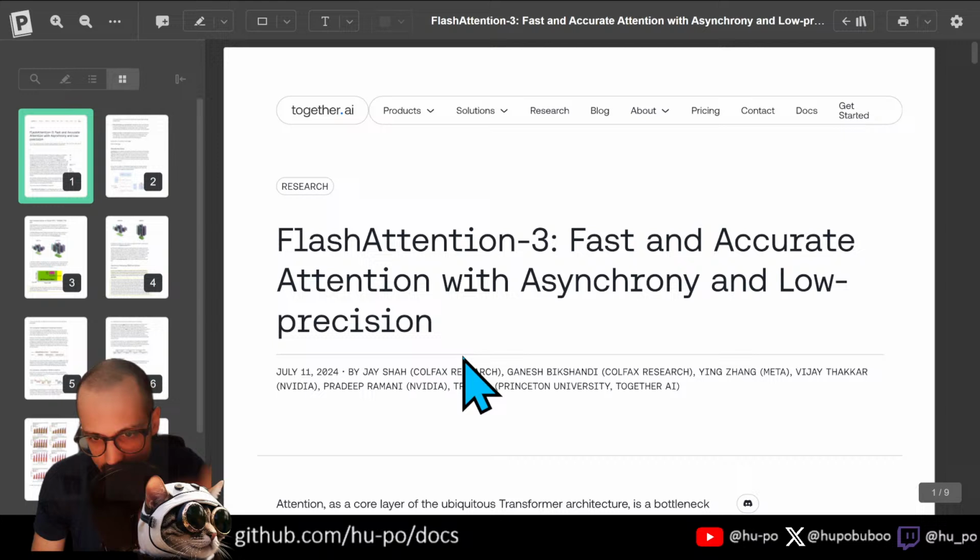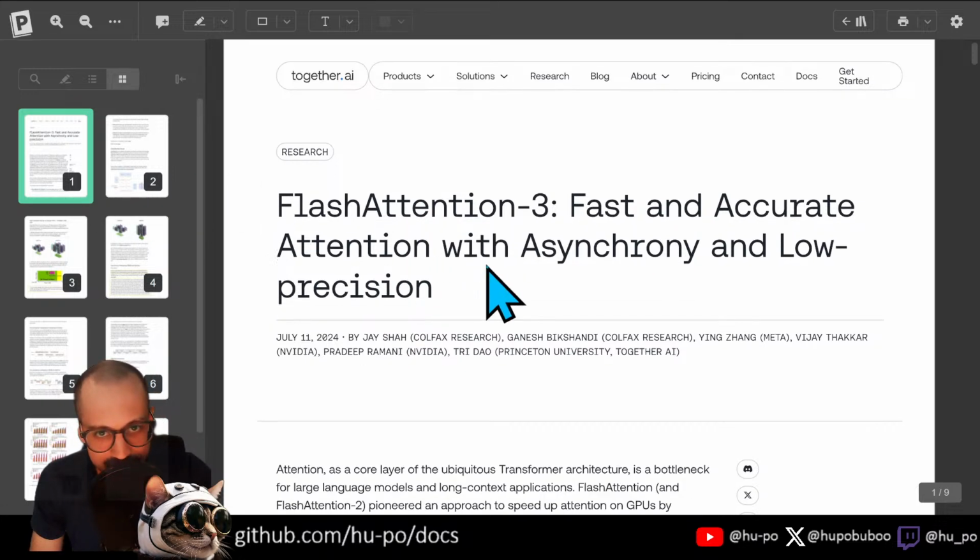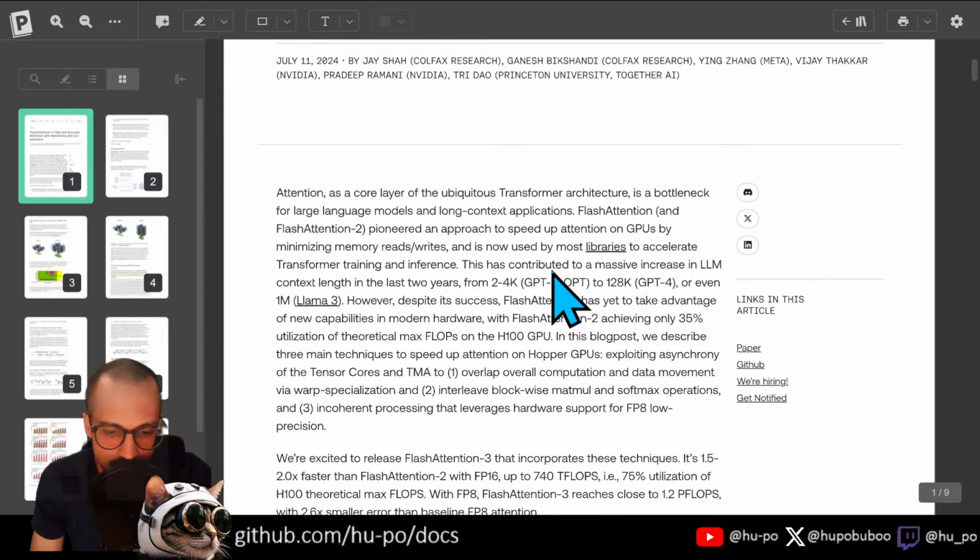And that leads us into Flash Attention 3, the successor to Flash Attention 2. The implementation of these algorithms on hardware has a lot of nuance, right?